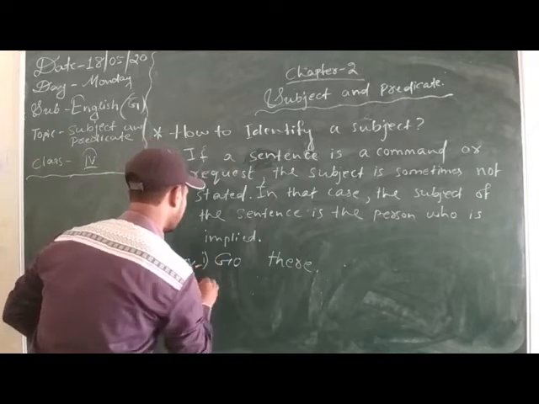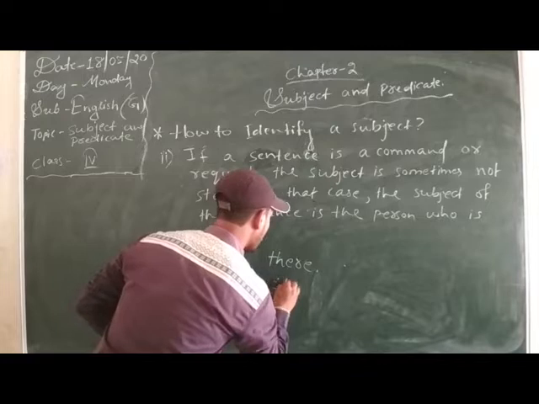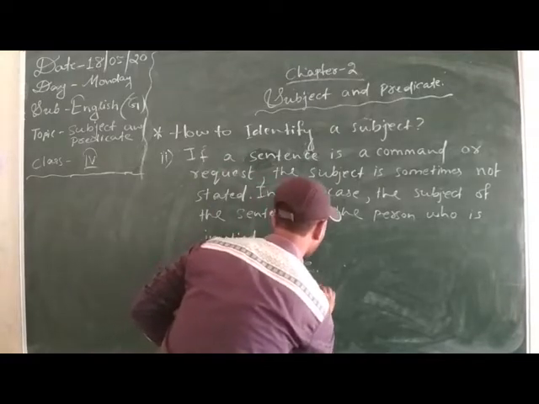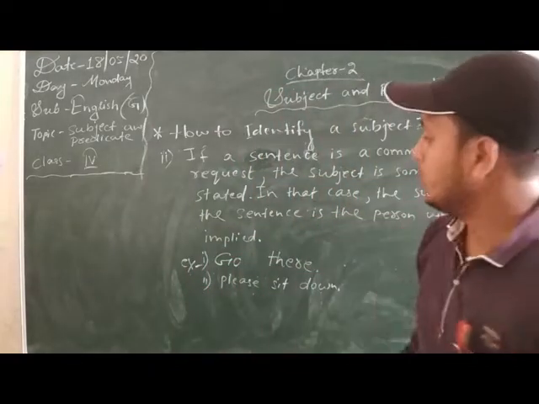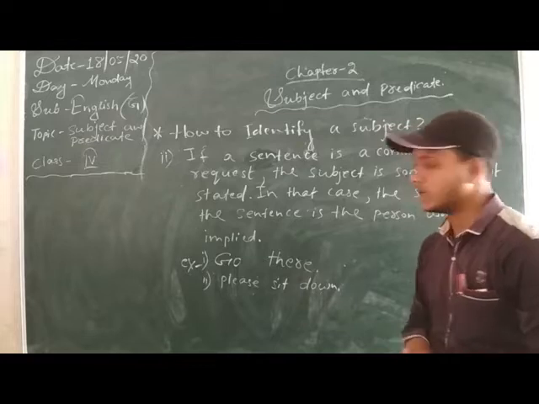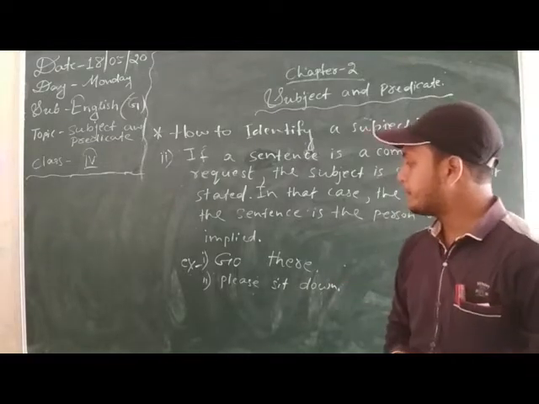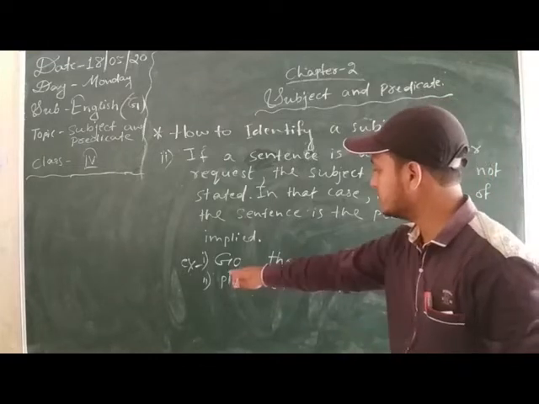The second sentence is, please sit down. Okay, please sit down. So look at these two sentences: go there and please sit down. Here we find that we don't find any subject in these sentences.